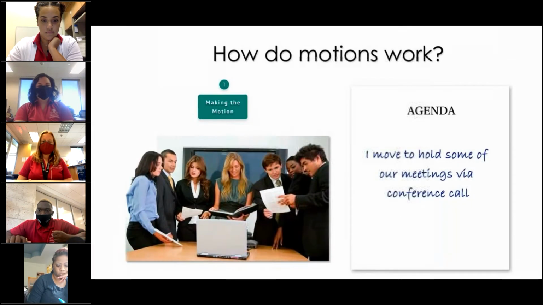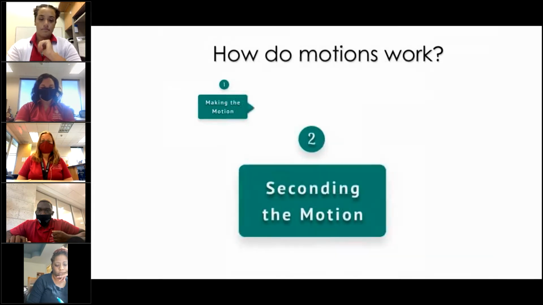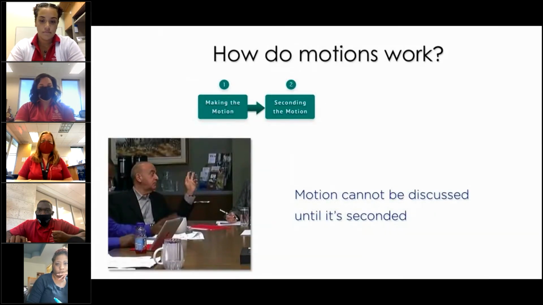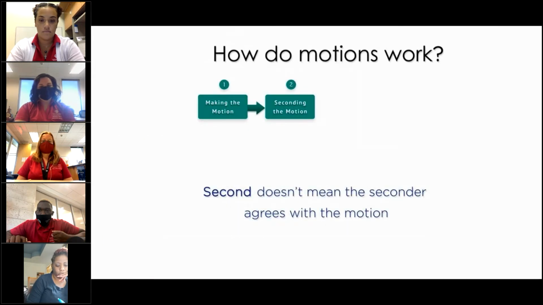If a motion is formulated at the board meeting, it may be wise to take a short break to give individuals a chance to help prepare the proper wording. Once a motion is made, it cannot be discussed by the board until it is seconded. A second does not mean the seconder agrees with the motion, but that he or she believes the motion is worthy of consideration.